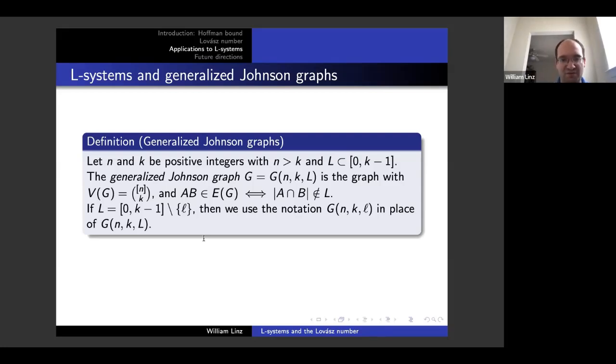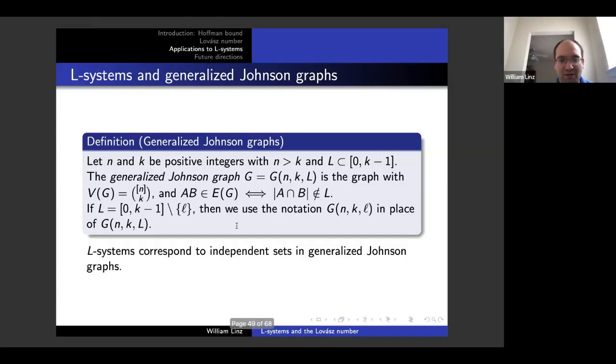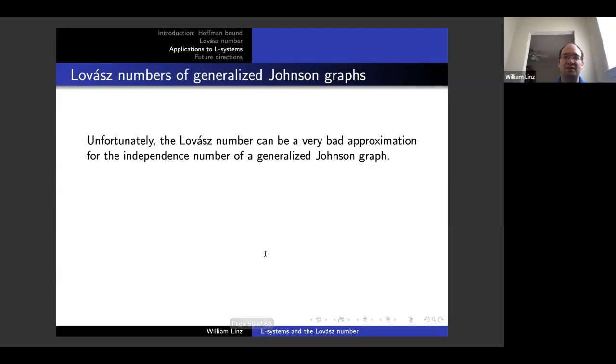So L-systems are equivalent to independent sets in unions of classes of graphs from the Johnson scheme. That's not strictly necessary for the rest of the talk, but that's where the name comes from, and also where some of the techniques used to study it will probably eventually come from.